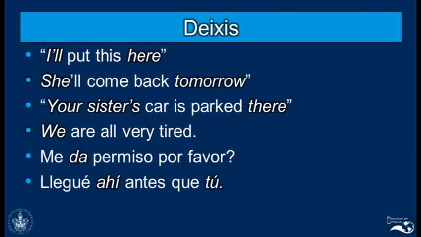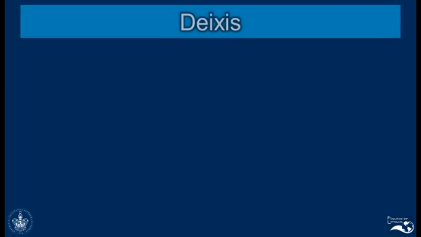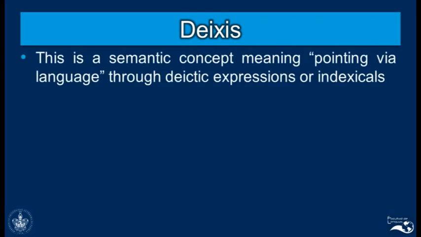We can see that all of the underlined words here correspond to indexicals or deictic markers, and they of course are going to indicate relationships of distance and proximity. We'll talk about this in just a moment. Deixis then is a semantic concept that means pointing via the language.